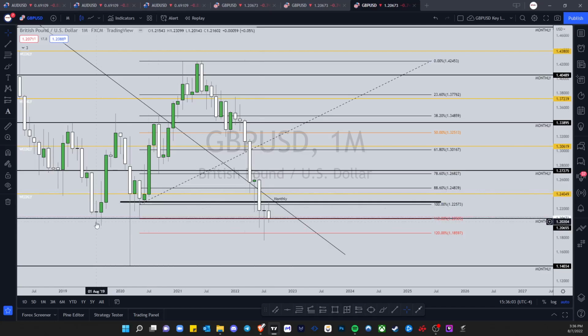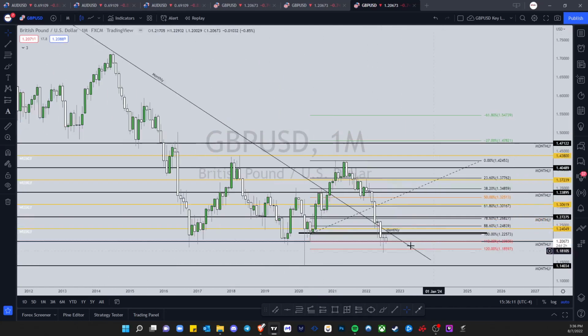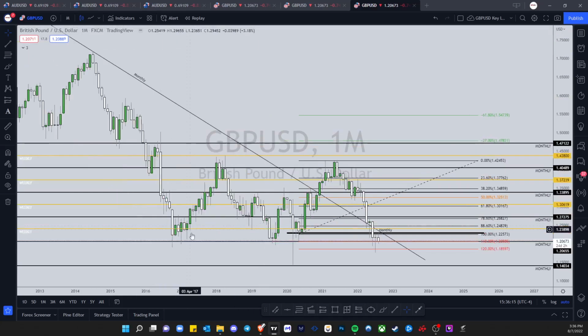So when it reached this key level, monthly key level, right? You got all this exhaustion every single time, right? First time you reach that key level, exhaustion, also exhaustion down there, exhaustion.